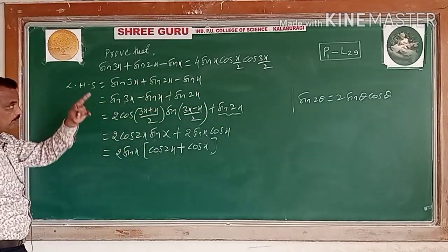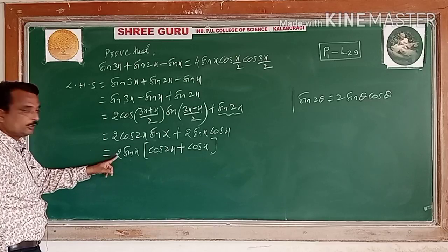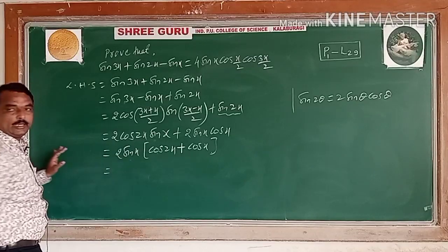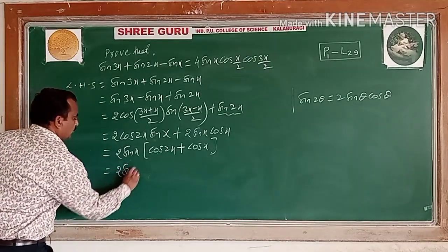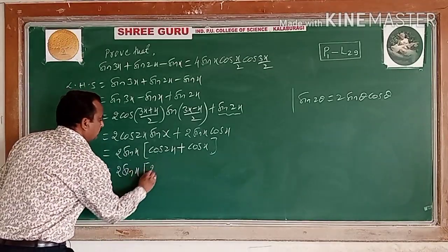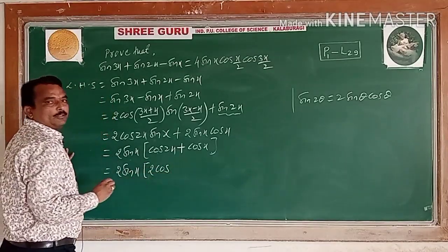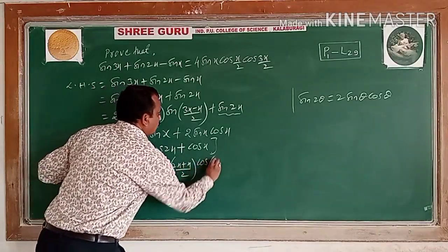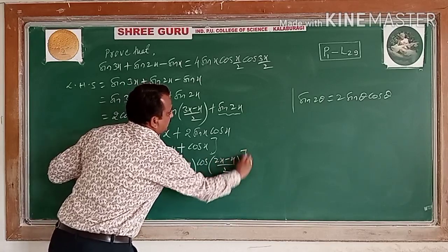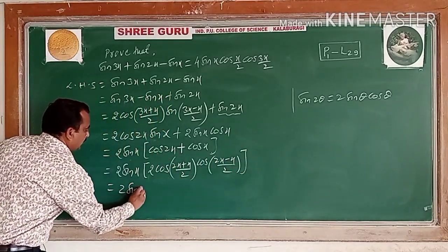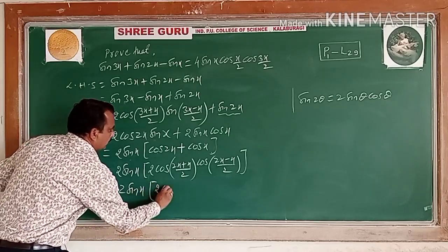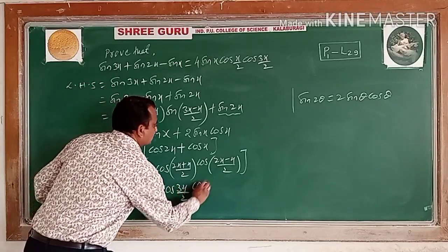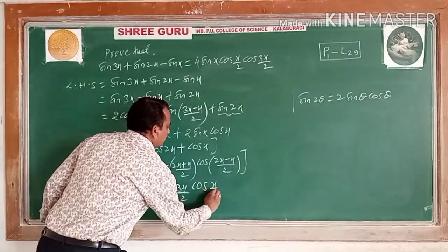That one sin x you have, you require 4 here, here 2 is there, one more 2 you will get here. So 2 sin x into cos c plus cos d, both cos: (2x plus x) by 2 and (2x minus x) by 2. 2 sin x into 2 times cos of 3x by 2, into cos of x by 2.